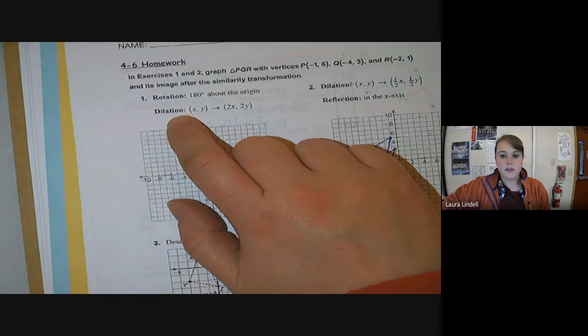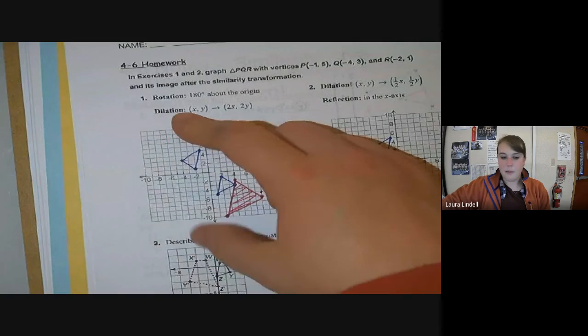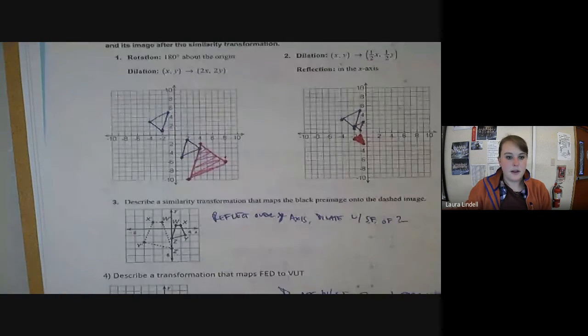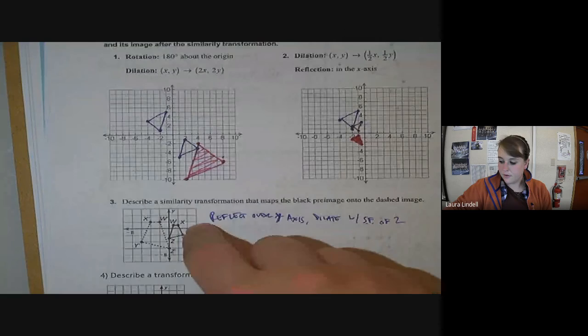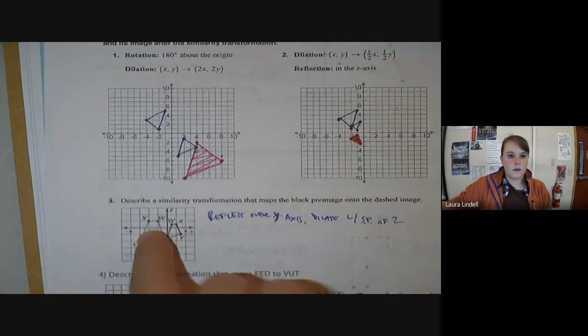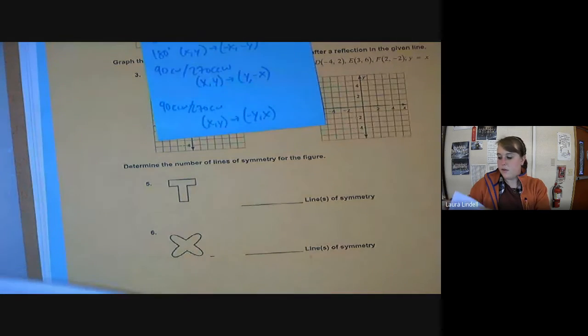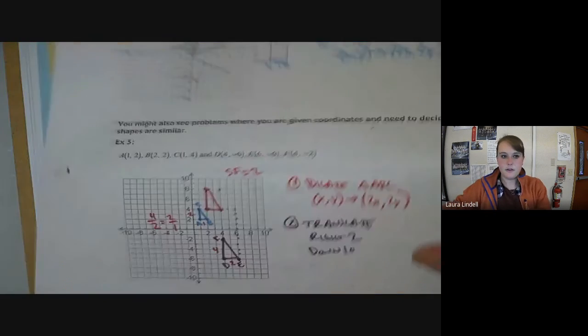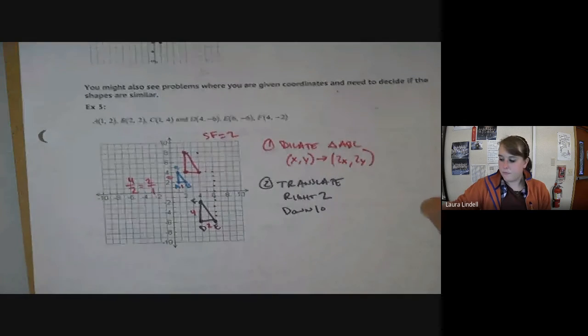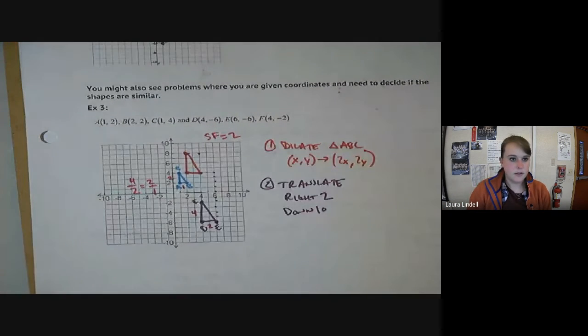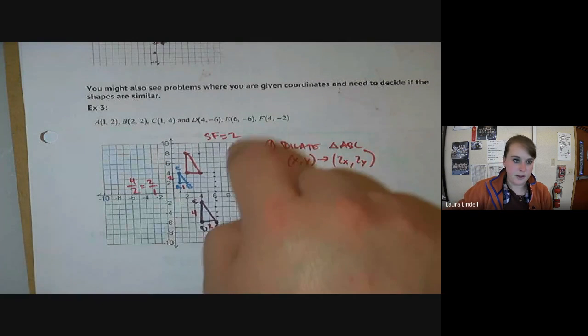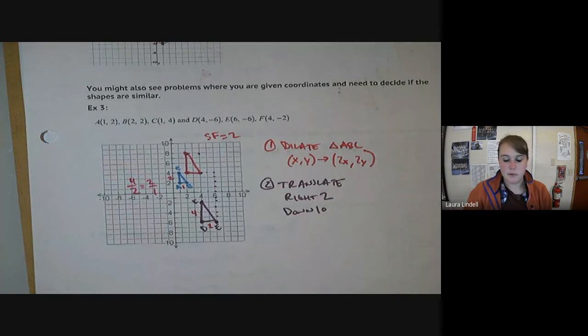And then you'll see ones just like from our examples where you have to describe the transformation from here to here, or ones just like we did with the example we just had, where you dilate, or where you have to graph the thing and then figure out what you're dilating by and if they're similar or not.